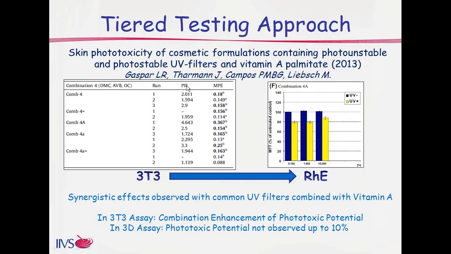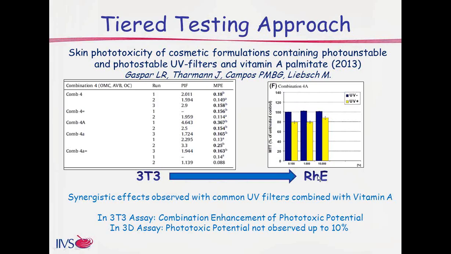So you can see here the 3T3 results. Here's our PIP values and our MTE. And these are varying levels of the filters with or without the, I'm sorry, with or without the vitamin A. And you can see some of these were phototoxic responses or probable phototoxic responses.